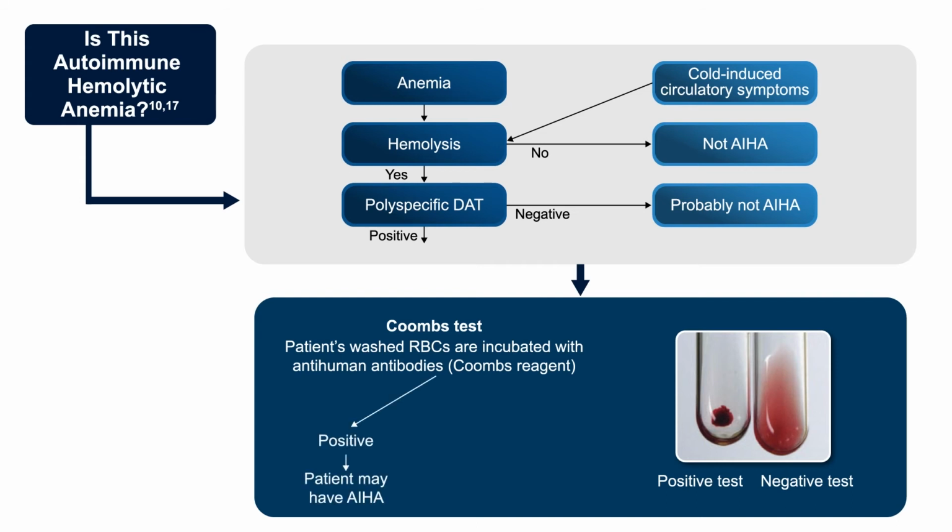If the test is positive, those antibodies will bind to the antibodies on the surface of the red cell, either the complement or the IgG, and it will cause the cells to agglutinate. If the test is positive, the patient likely has an autoimmune hemolytic anemia. If the test is negative, the patient probably does not have an autoimmune hemolytic anemia.